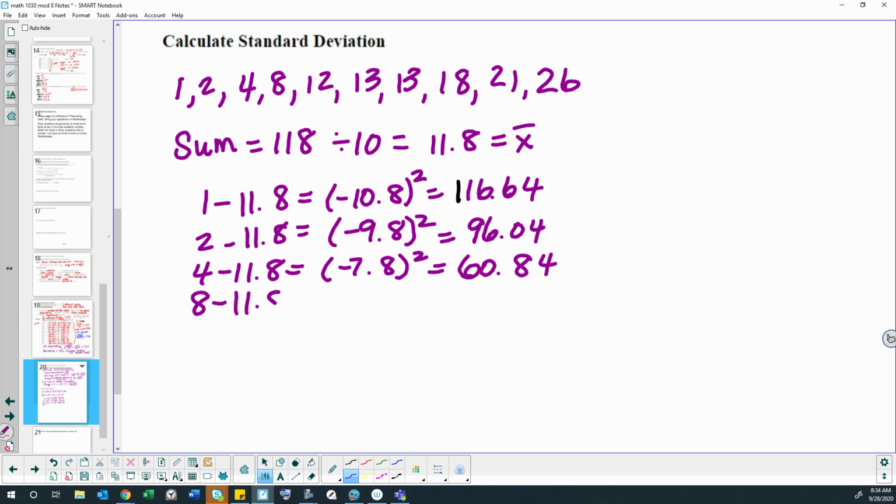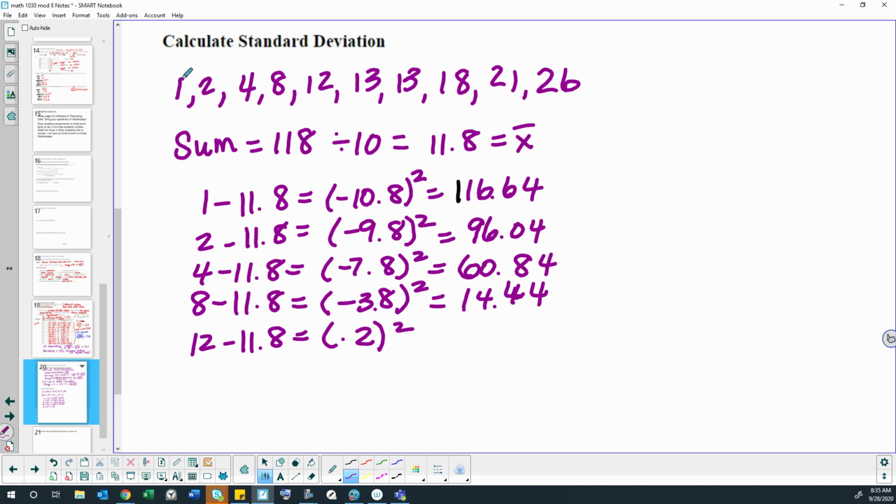And then 8 minus 11.8 squared was 14.44. And then 12 minus 11.8 squared is 0.04. And then 13 minus 11.8 is 1.2 squared.